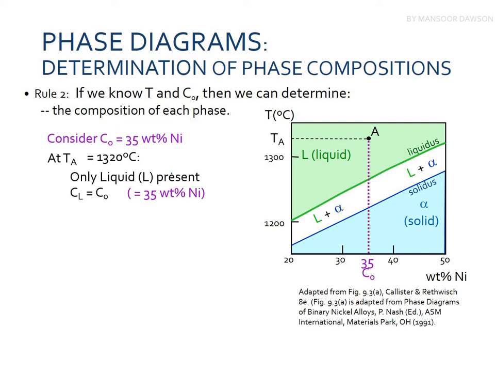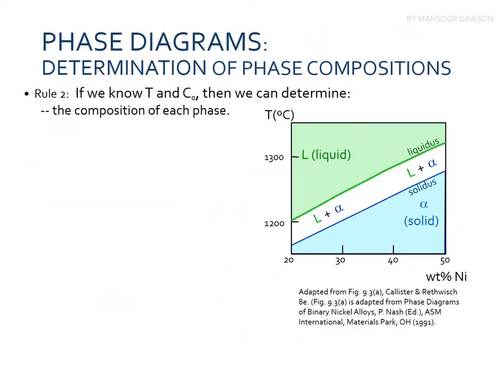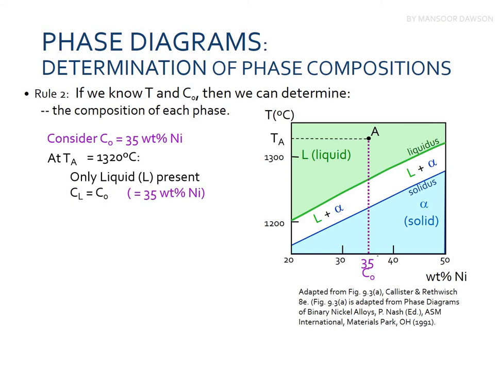If we consider that the composition is 35% nickel around here, and we have just shortened the diagram because this is the zoomed version, if we have 35% of nickel at 1320 degrees Celsius, we'll be getting only the liquid phase. We will only have 35% of nickel.